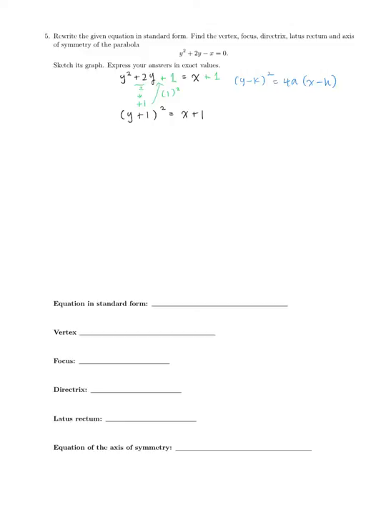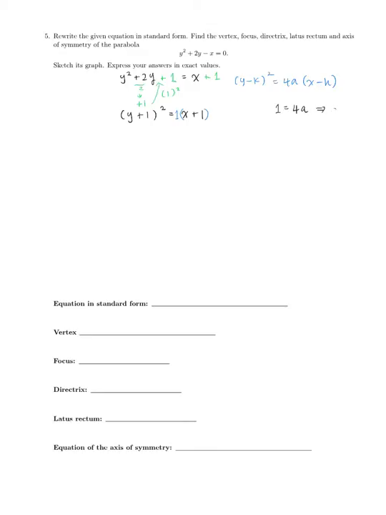The next step is to find the value of a. Let me put the parentheses around x - 1. Notice that the coefficient on the whole quantity x - 1 is 1. So that means that 1 better equal 4a. Let me just write that out.